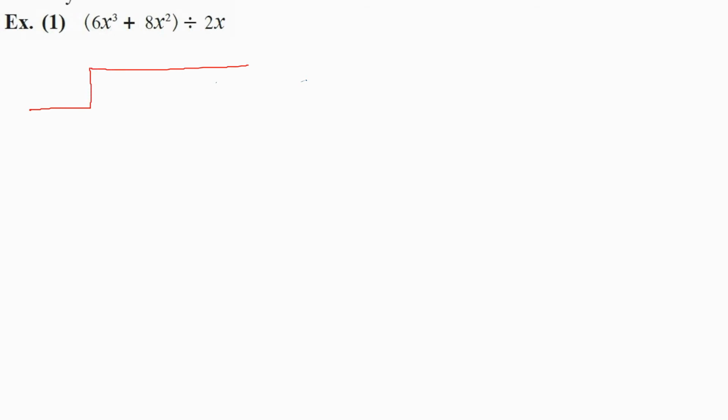So we will divide 6x cubed plus 8x square by 2x. Now, we will go term wise. So if you see the first term is 6x cube. As we know, 2 multiplied by 3 will give you 6, but we need here 6x cube.